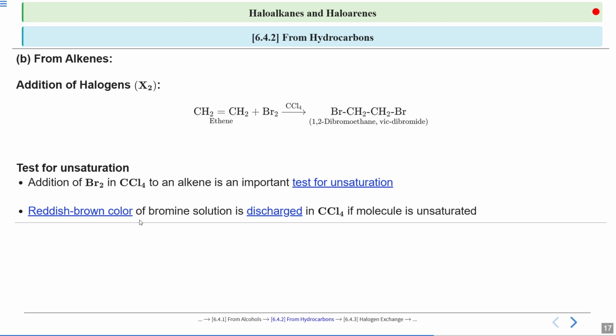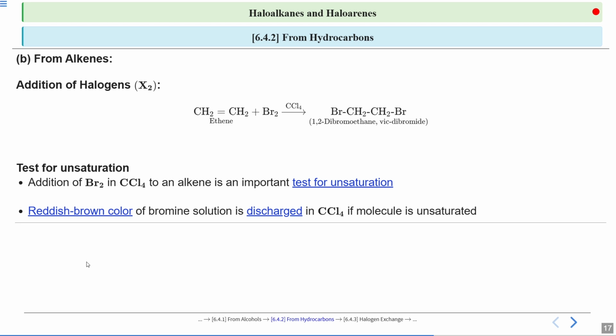Reddish brown color of bromine solution. The bromine solution is actually reddish brown in color, which is discharged in CCl4 if the molecule is unsaturated. In the reaction mixture, you react bromine with the alkene in the presence of CCl4, you add everything into the mixture, and the reaction happens with formation of the alkyl bromide, or vicinal dibromide.